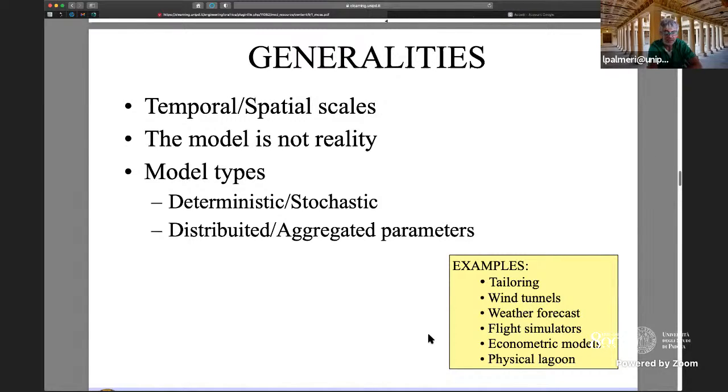Analogously for spatial scales. For example, if the process you want to describe is a chemical process, then your spatial scale will be that of centimeters.